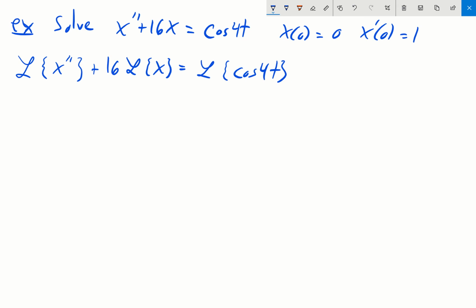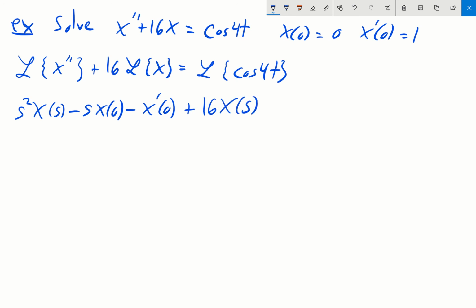So the Laplace transform of x double prime should be equal to s squared times x of s minus s times x of 0 minus x prime of 0, plus we have 16 times x of s.